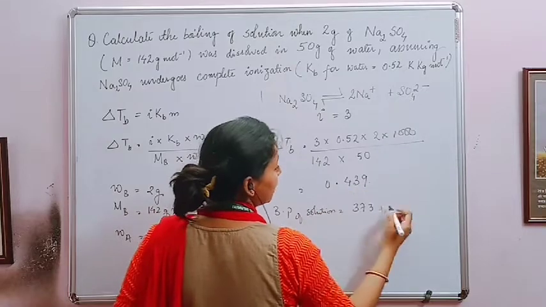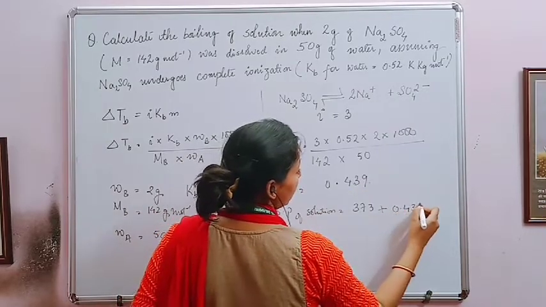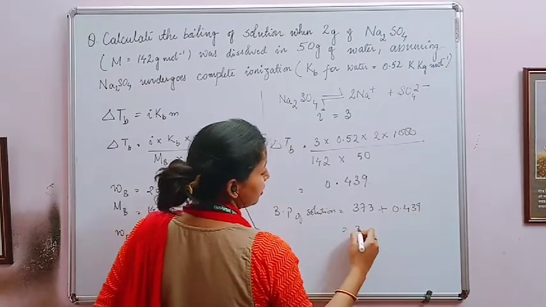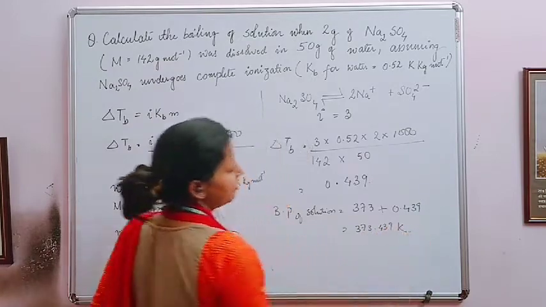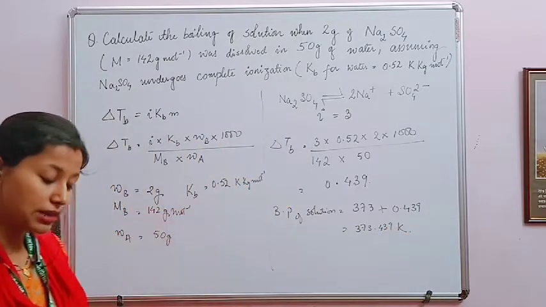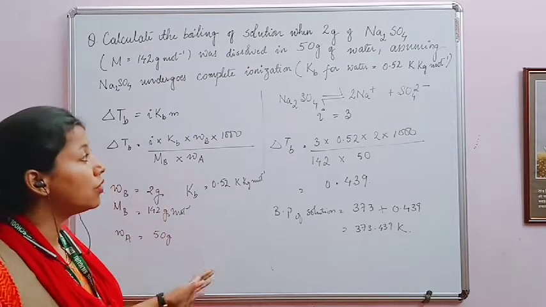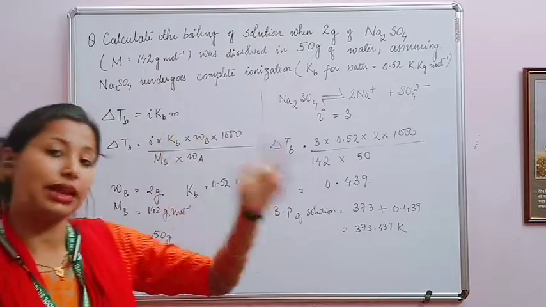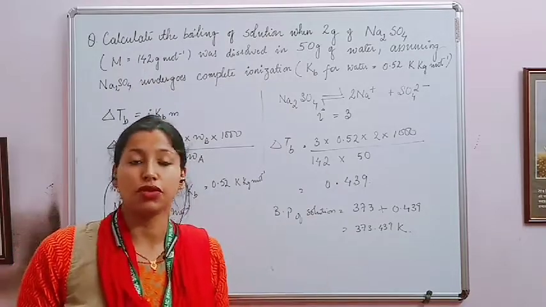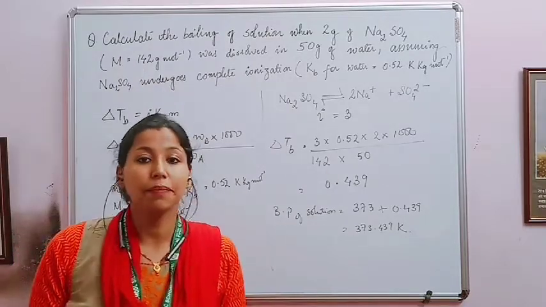We need to add this value, 0.439. So it will be 373.439 Kelvin. Alright, so this is how we will use the information if it is mentioned about an electrolyte which undergoes association or dissociation.